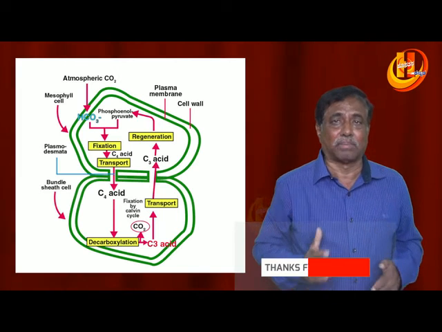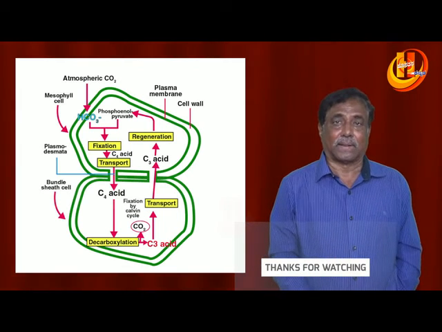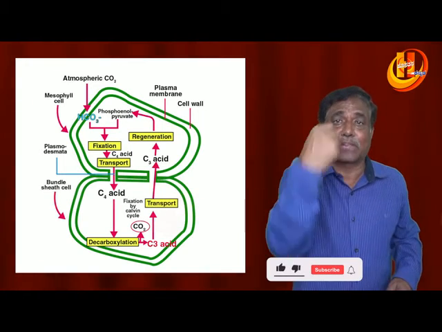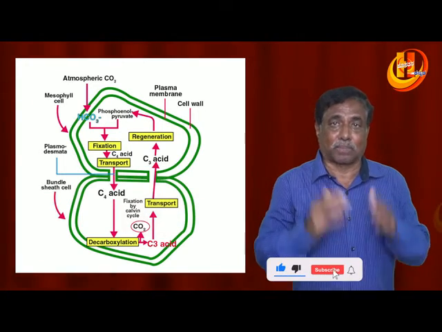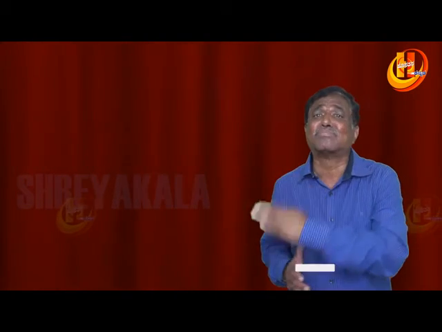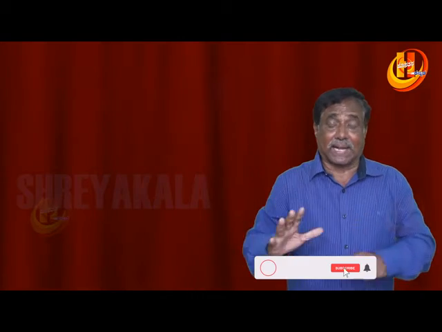So this is very important as far as the C4 pathway is concerned. There is no photorespiration in C4 plants, because the concentration of carbon dioxide is always more in C4 plants, and if the concentration of carbon dioxide is less, then photorespiration takes place.